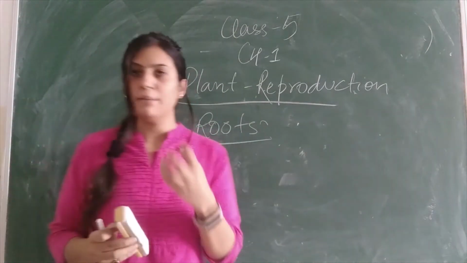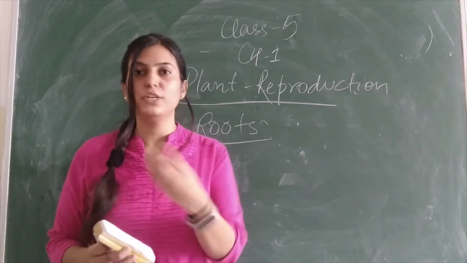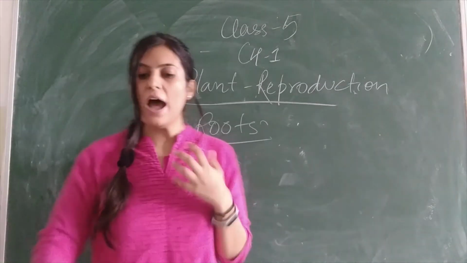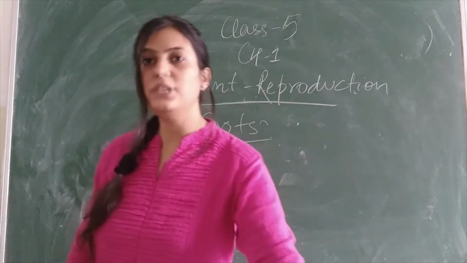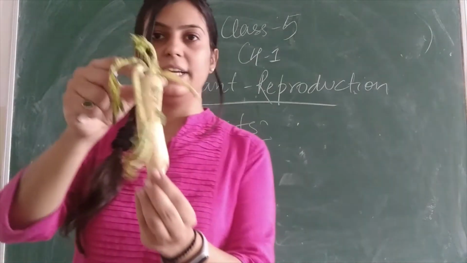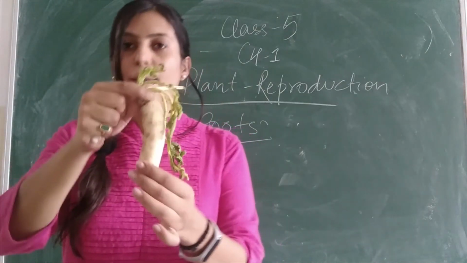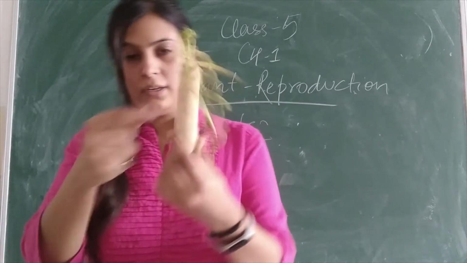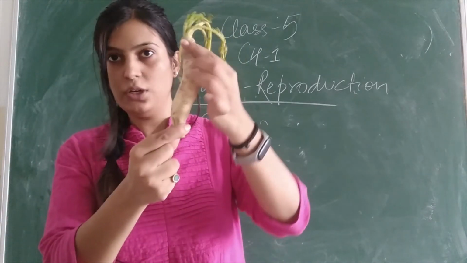There are many roots you eat. For example, carrot, radish, turnip. You have seen radish and carrot also, right? This is radish. Radish is the root, okay?